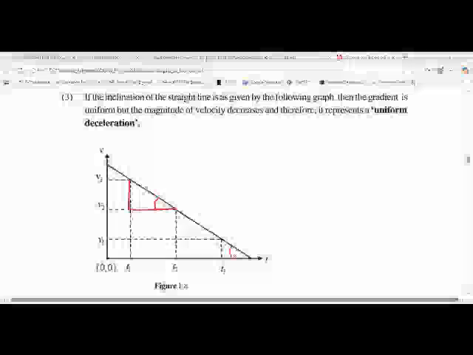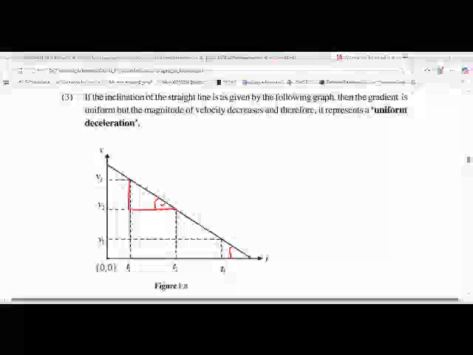Then you can find the tan value of this angle. These angles are all the same because they are corresponding angles. If you consider this large triangle, you can divide this height, the opposite side, by the adjacent side.